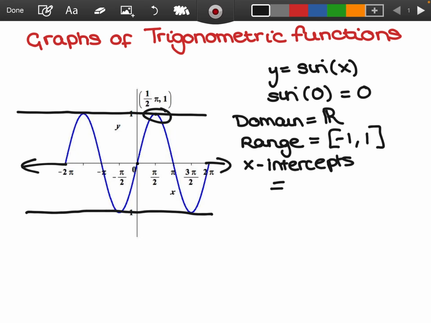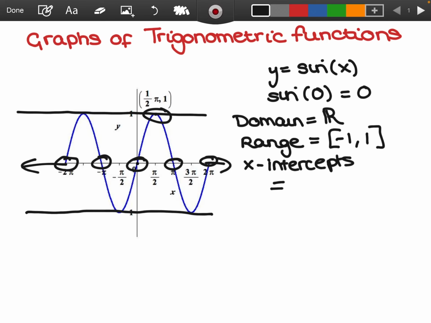My x-intercepts, now there's a lot of them, but they follow a pattern. If we look here, my x-intercepts are at negative 2 pi, negative pi, 0, pi, 2 pi, etc. It's every multiple of pi. If I plug in a multiple of pi radians into sine, I'm going to get out 0.